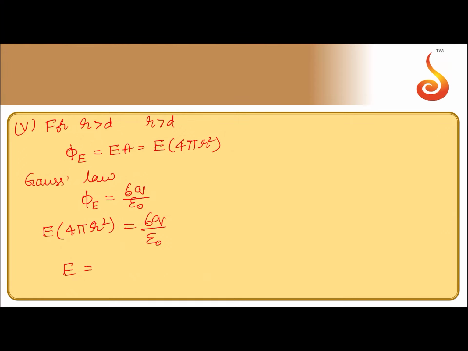So, E is equal to 6q divided by 4 pi epsilon naught into r square. So, now again the enclosed charge is positive, hence the electric field is radially outward.